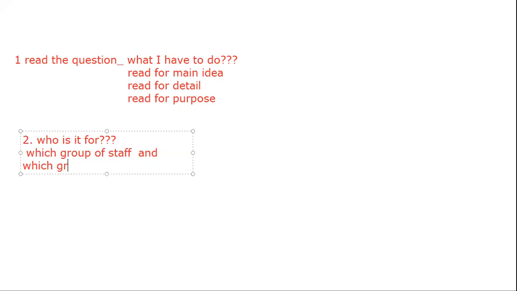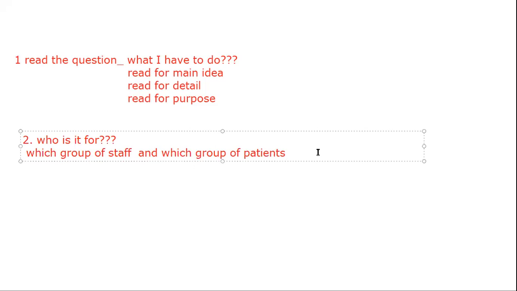This is very important because sometimes the extracts will be written for a specific category of patients, whereas other times they may be written for all the patients generally. So it's very important to identify which group of staff is it for and which group of patient is it for. And the third thing you do is you try and find out why is it written? What are they supposed to do after receiving this?